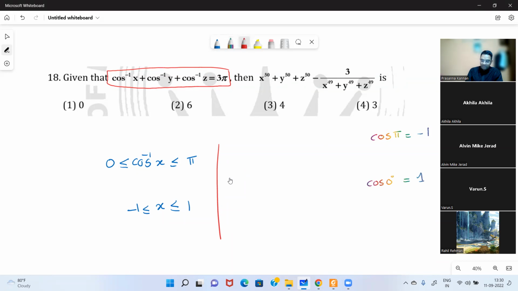So for cos 0, it will be plus 1, and cos pi, it will be minus 1, correct? If you simply see here, the maximum value of any cos inverse x function is pi, correct or not? Agreed?